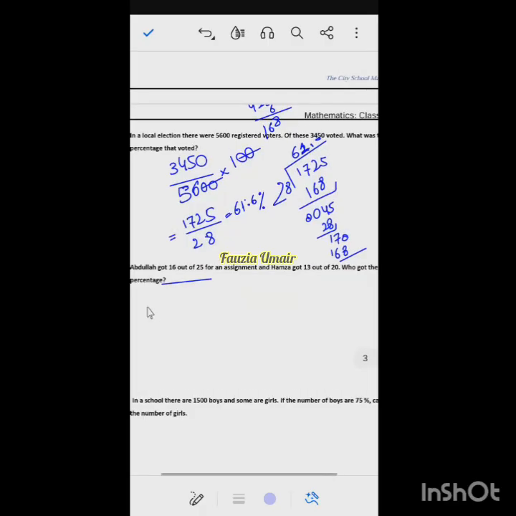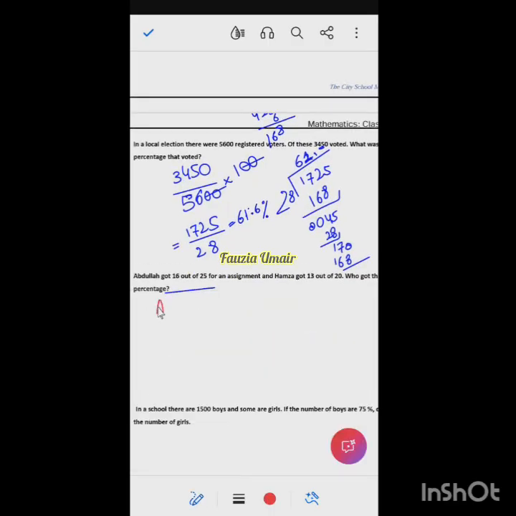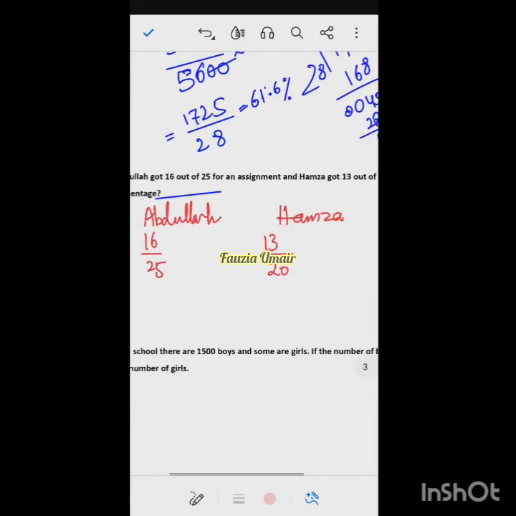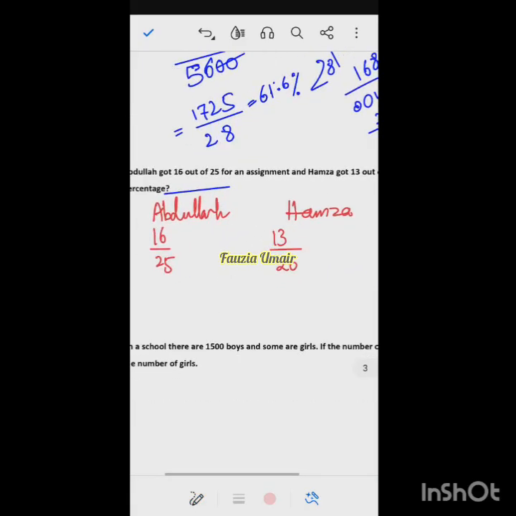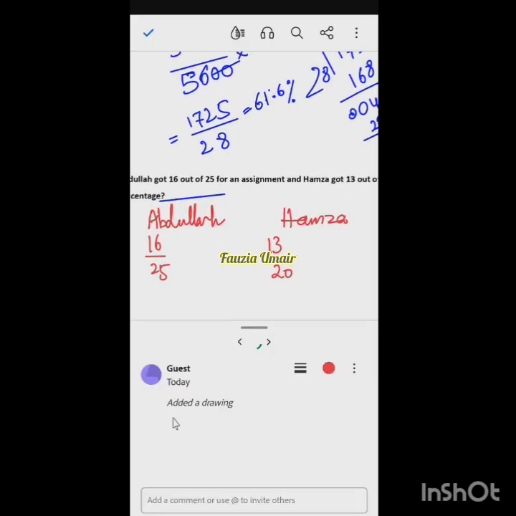So we need to find the percentage. 16 by 25 for Abdullah and 13 by 20 for Hamza. We need to find out who scored more percentage. So what to do? Multiply by 100. Change both fractions into percentages, right?